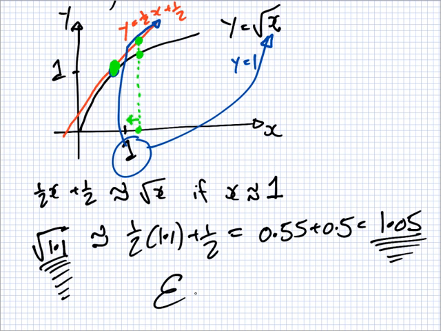So what was the error? Well, what was square root 1.1? 1.0488. And we needed to get 1.05.